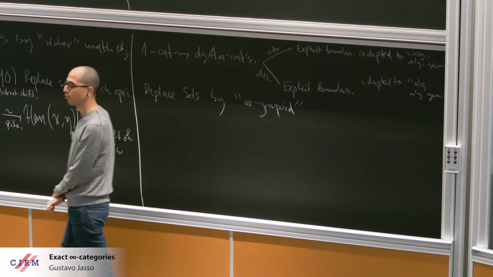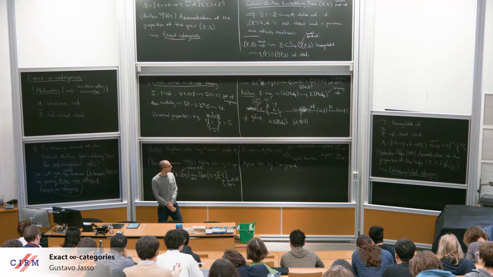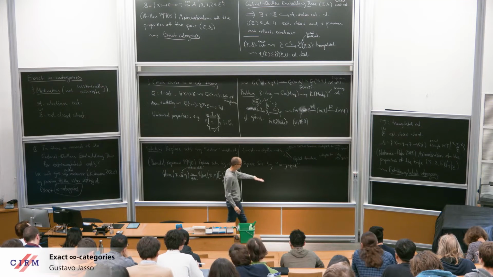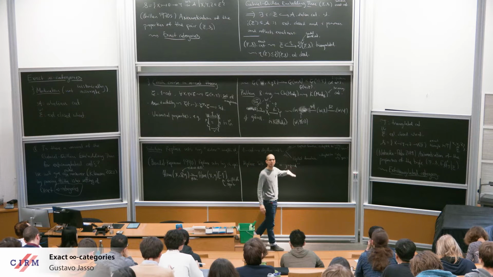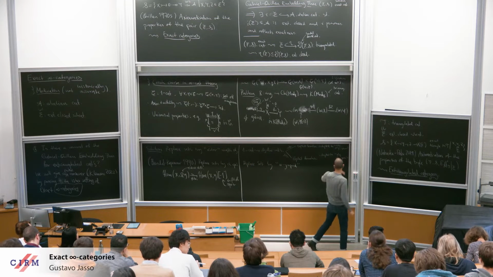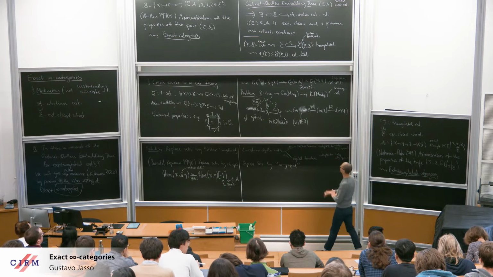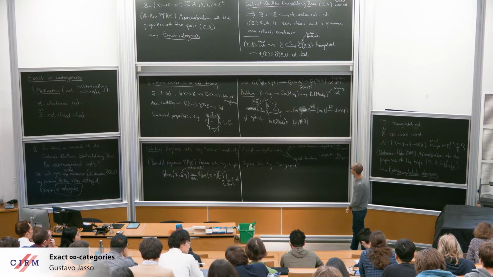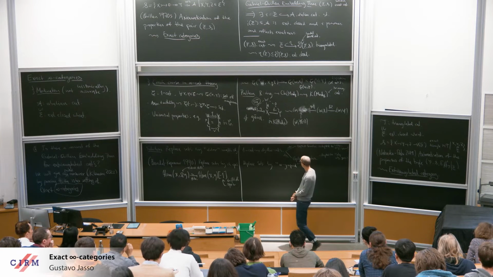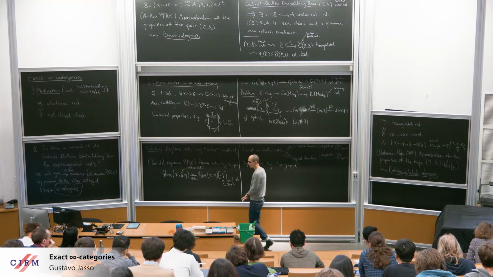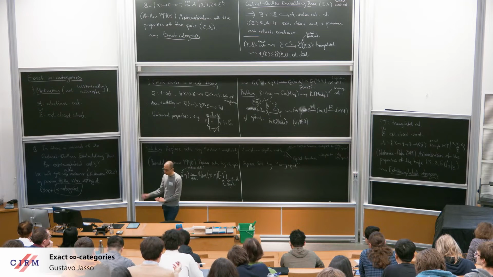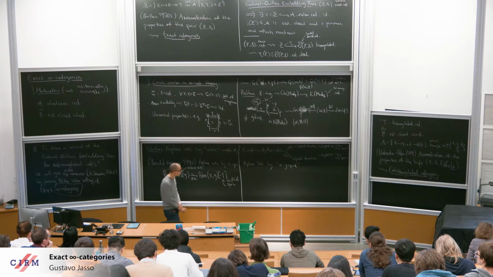So a groupoid is a category in which every morphism is invertible. But now I have invertible morphisms in every dimension possibly. Dimension 1, dimension 2, dimension 3, up to infinity. There is no a priori bound on these morphisms. And well, this is what will lead to the theory of infinity categories in some sense.